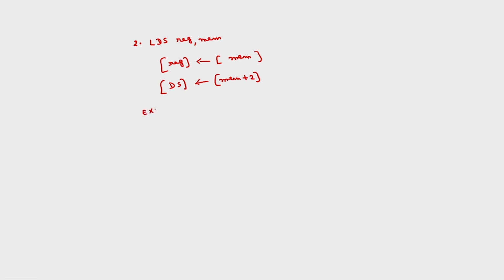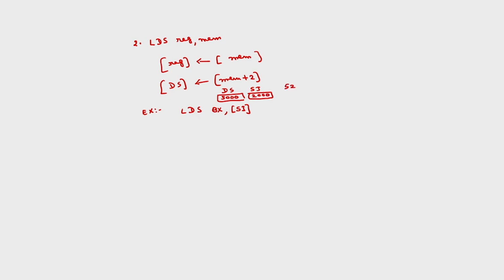If I give the example using simply register indirect addressing mode, say LDS BX comma contents of SI. Suppose the contents of DS is 5000 and the contents of SI is 2000.